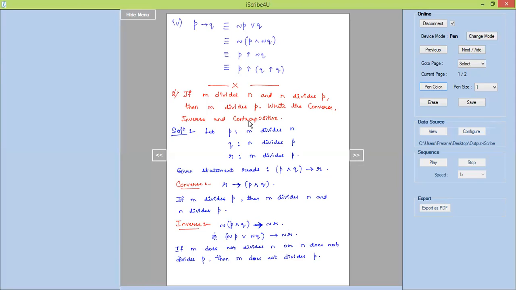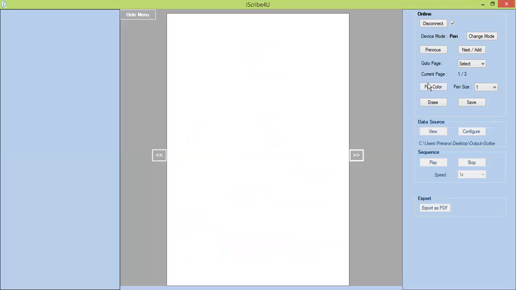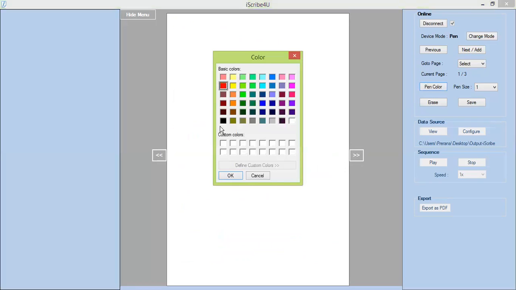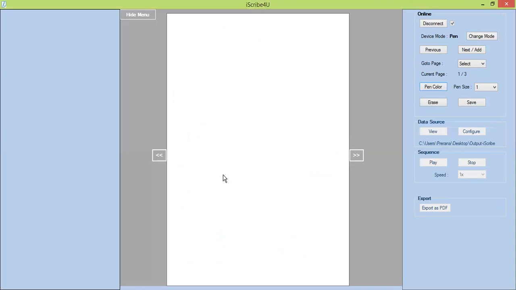The third one, we have to find out the contrapositive. So what is the contrapositive? Recall the definition. Given proposition is of the form P conditional Q, which means the contrapositive of the same is negation Q conditional negation P. Negation Q conditional negation P gives us the contrapositive.